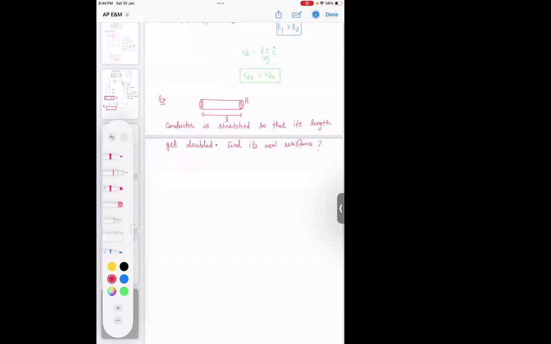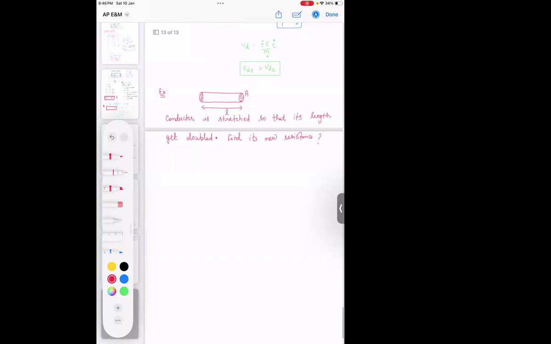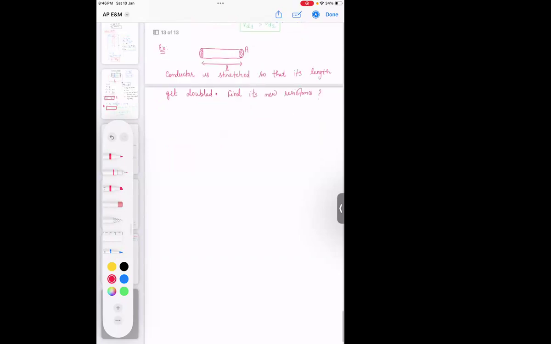Whenever you get these types of questions, length doubled, area half, these kinds of things, please see how the length got doubled or how the length got half. Same question could have been asked where the length got half. It depends on how the length got half or doubled. Why? Because if length is getting doubled due to stretching, in that process, can I say that area will get half also?